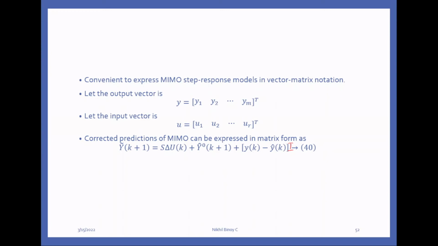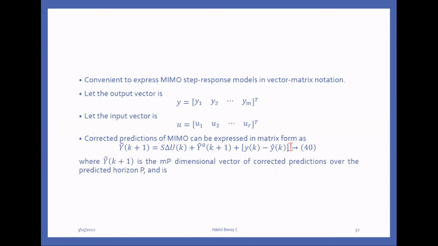Now what is the size of all these terms? Here y of k is m by 1, because you can see that small y is y1, y2, etc., ym. Now y cap of k plus 1 is y1 of k plus 1, y2 of k plus 1, etc., ym cap of k plus 1.